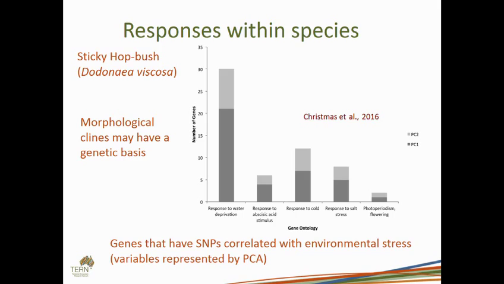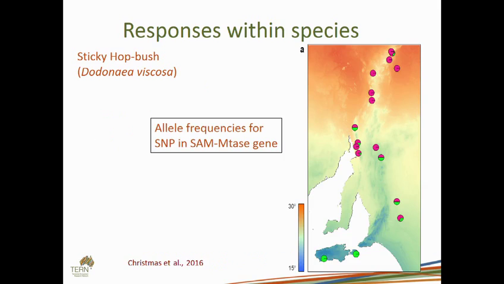There are also genes that correlated with environment that were possibly related to leaf shape and stomatal development. Here's an example of just one of those genes changing in frequency along a latitudinal gradient through that area. So you can see it's quite clear that there's something going on with climate there.